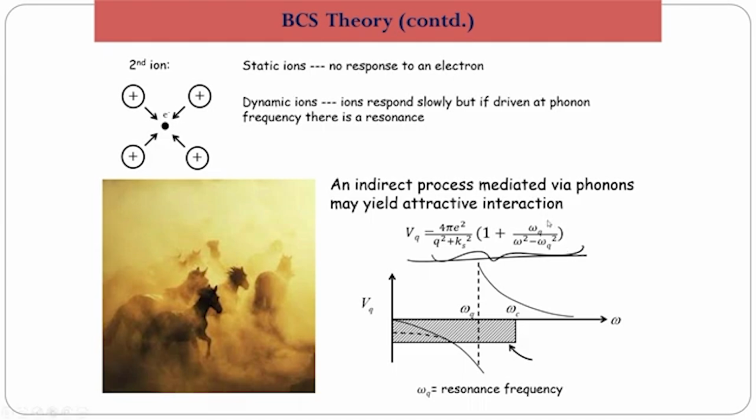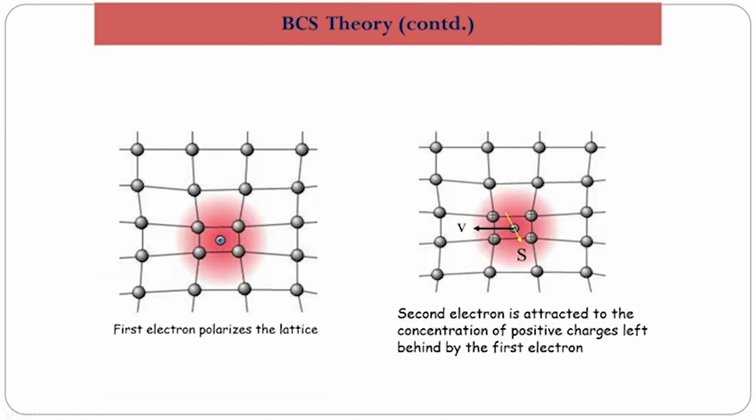A schematic picture is shown, in the V(q) versus omega plot. There is a small attractive region formed here, where V is a function of omega, and this attractive region will give rise to superconductivity, which is of course possible as the temperature is low.